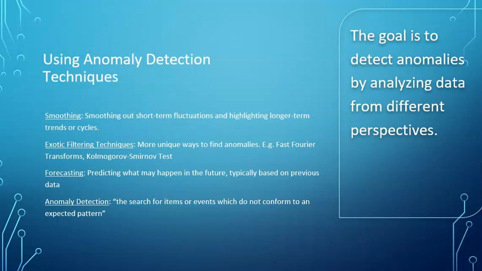So the goal is to detect anomalies by using data that we've gathered and analyzed from various perspectives, using statistics, analytics, charts and graphs, certain equations, and software like Tableau or R, and various other methods of analysis. We want to be able to use these various perspectives so that we have a greater ability to pick up on these anomalies.